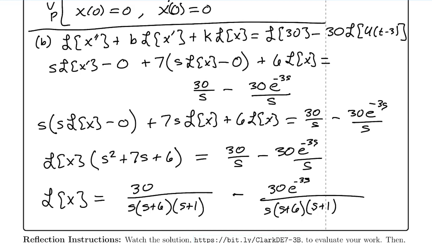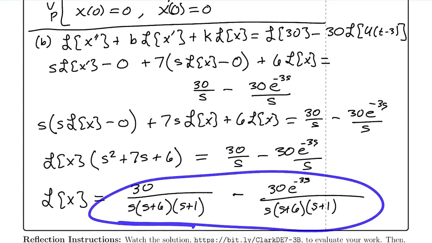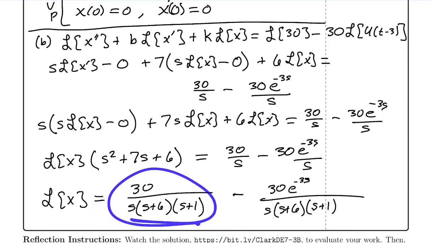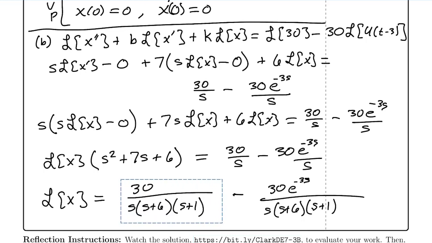All right. Now, in order to find x, we will have to apply the inverse Laplace transform to the right-hand side. That's not going to work with this unless we decompose this into linear terms. So we have to use partial fractions to do that. So let me copy this here.